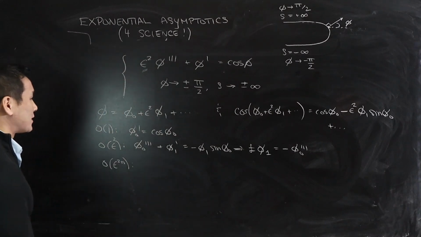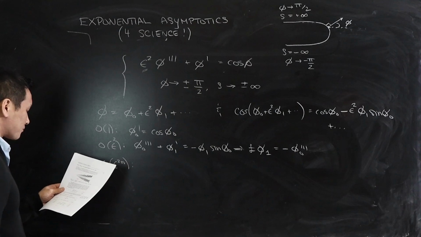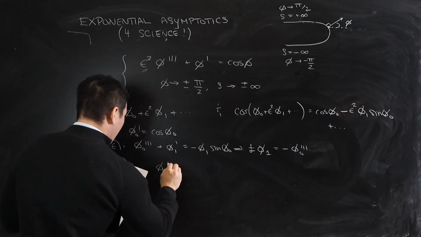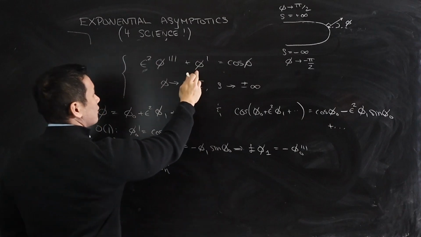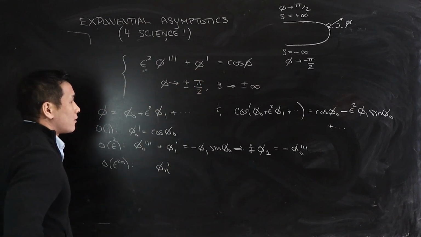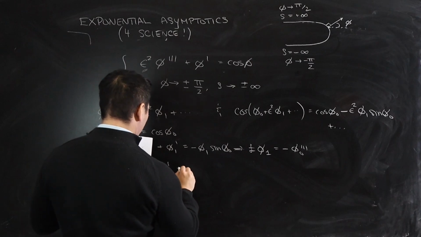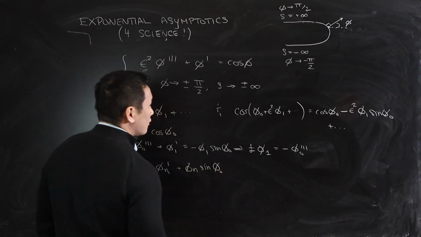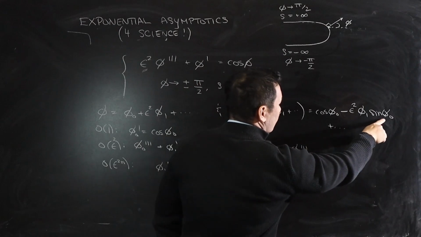So it's a bit easier if I write that down firstly. So I'm going to have phi n prime. So this term will be at order epsilon to the 2n, of course, phi n prime. And I'm going to have phi n times sine of phi naught, which was the first term on the right-hand side here.